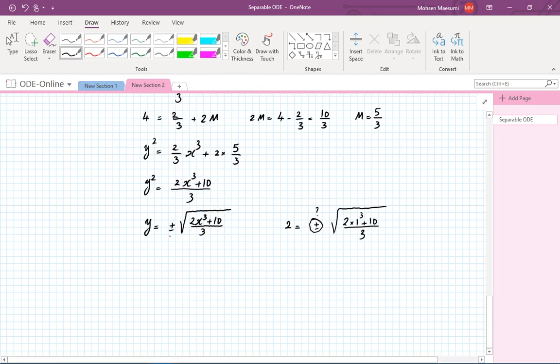So I figure out that my solution is, in this case, plus the square root of (2x cubed plus 10) over 3. And of course, I don't need to write the plus, so I can just erase that. It's assumed to be. So what I've received now is an explicit solution.